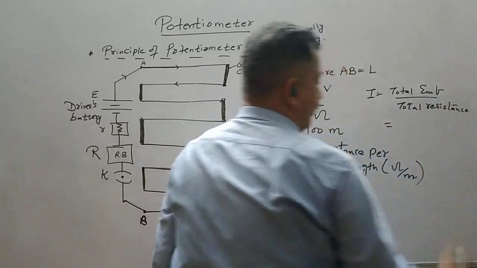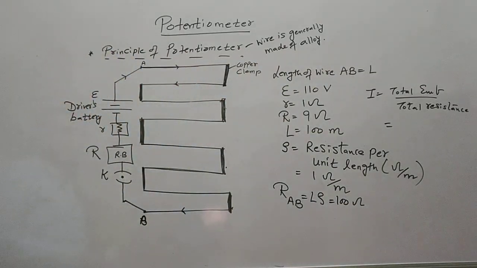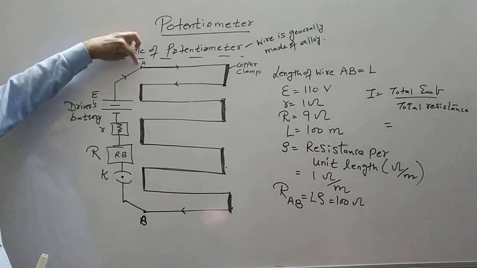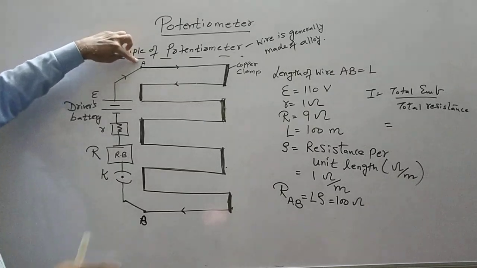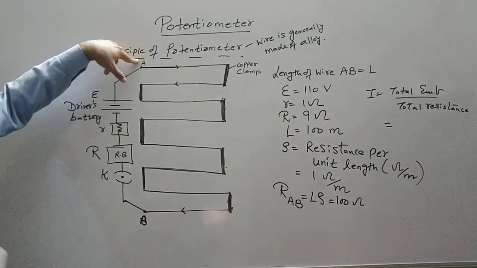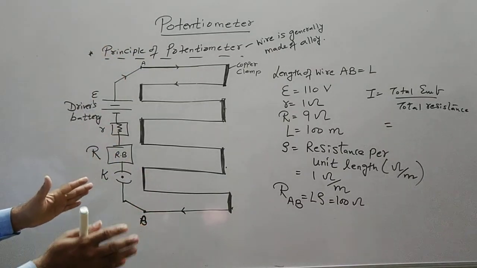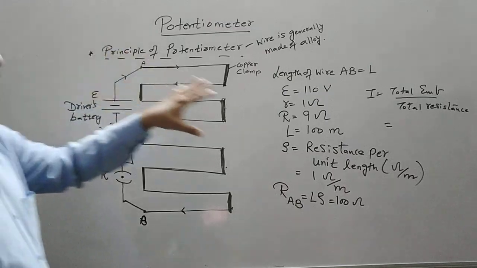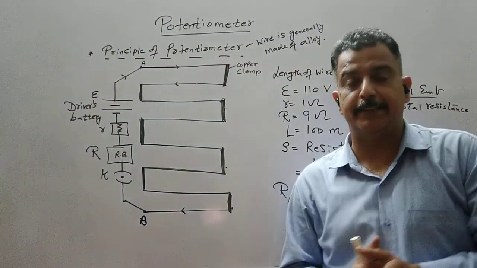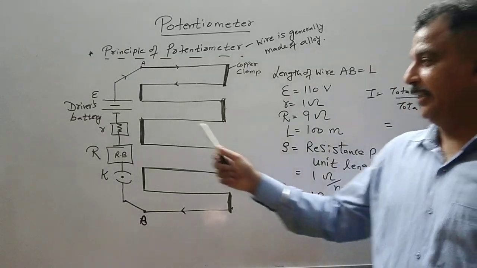So suppose I connect a voltmeter with one end at A and the other end at B, and if you assume that the voltmeter will show 110 volt, it will not be the case because we have an internal resistance.